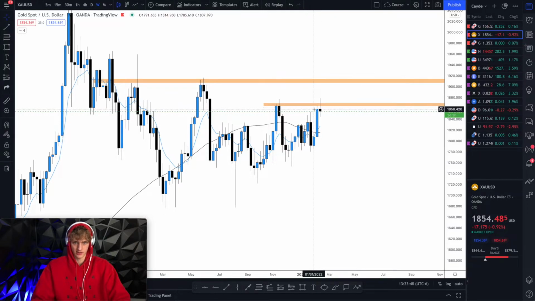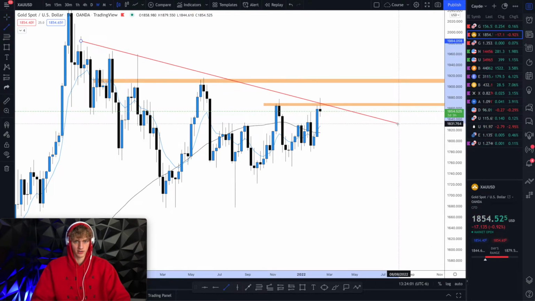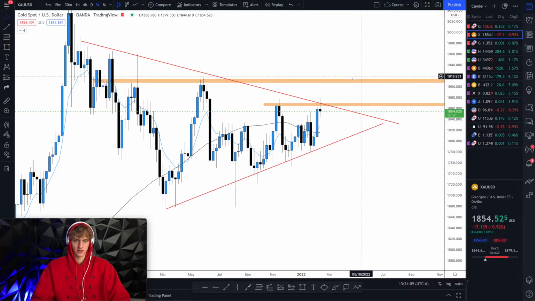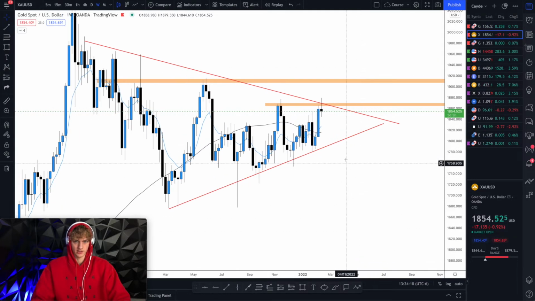If this does close below here, we didn't close as high as these previous weekly candles way over here. If we pulled a trend line, everything over here is kind of shifting downwards, and everything right here is kind of shifting upwards. So we're getting into this area where we're going to see if it goes up or down in the coming weeks.